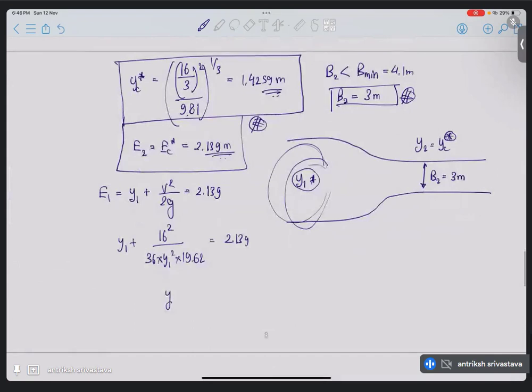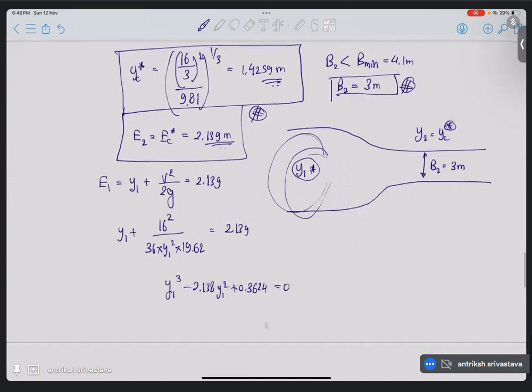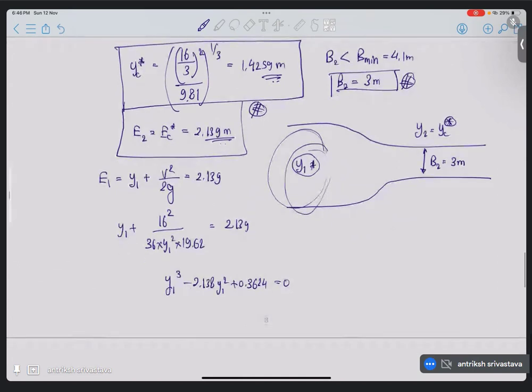So y1 cube minus 2.138 y1 square plus 0.3624 is equal to 0. Yeah, this is going to be a cubic expression.